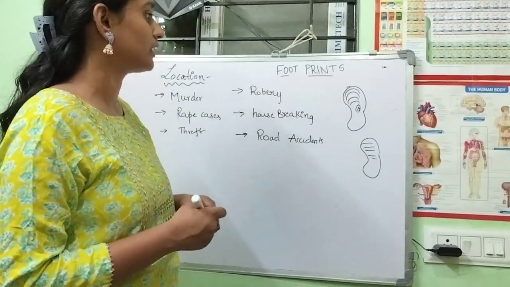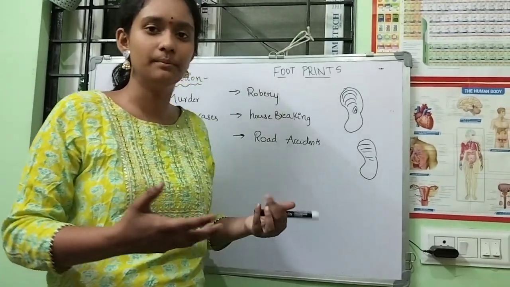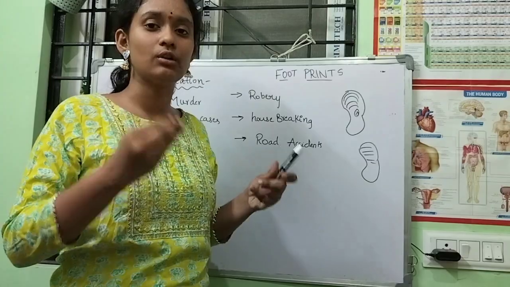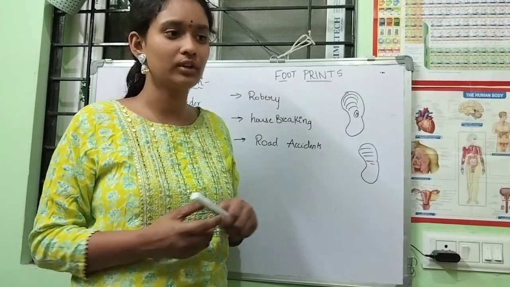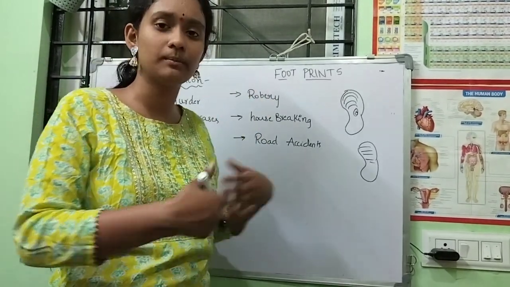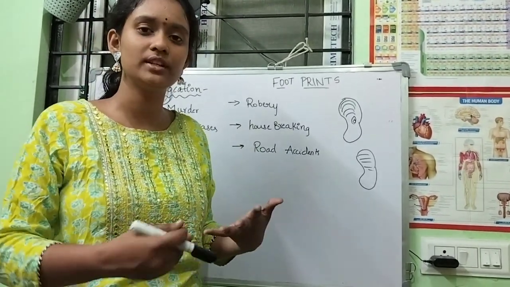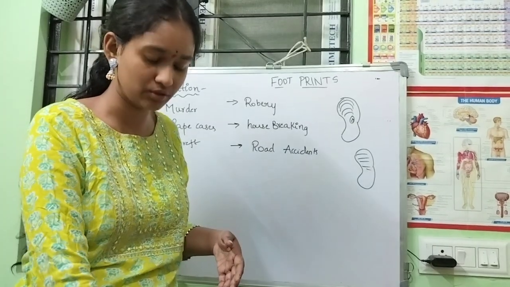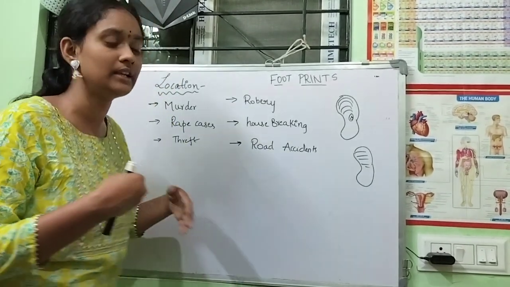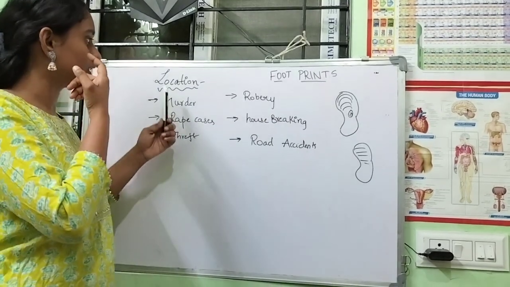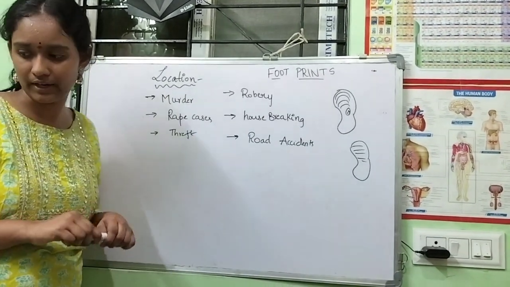And the major thing, if he came barefoot, without making any sound, then what happens? If he has walked barefoot outside, of course some dust and soil particles will stick to his foot, and he will leave that behind. By that also we can find him. So these are the locations where you can find this.